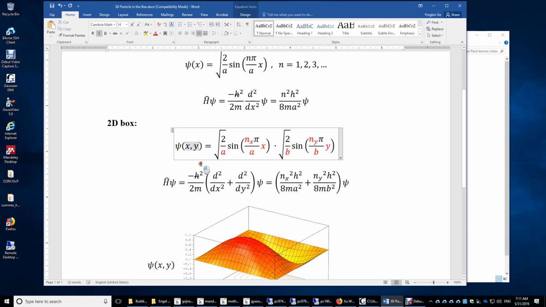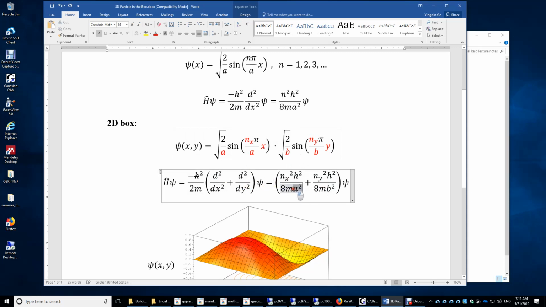How about the total energy of the particle in the two-dimensional box? Again, we apply the total energy operator, which is equal to the kinetic energy in the x direction plus the kinetic energy in the y direction. Again, the potential energy is 0. When we apply this operator to the wave function, we get an eigenvalue.